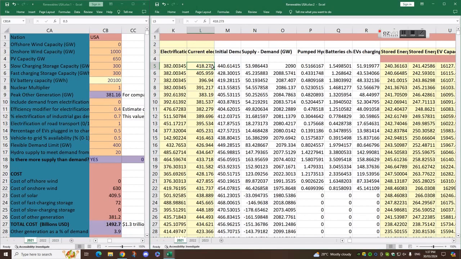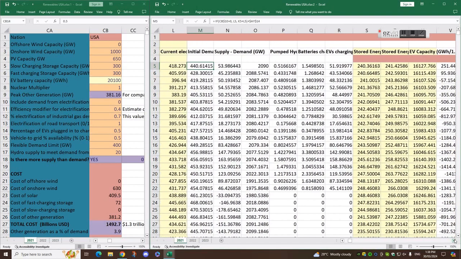The current demand, which was in this column, I just added that 20 whatever gigawatts divided by the efficiency of 0.92 directly to the demand. So it can't be met by flexible supply, it just has to be met. It's part of the normal demand now for the trucks and buses.